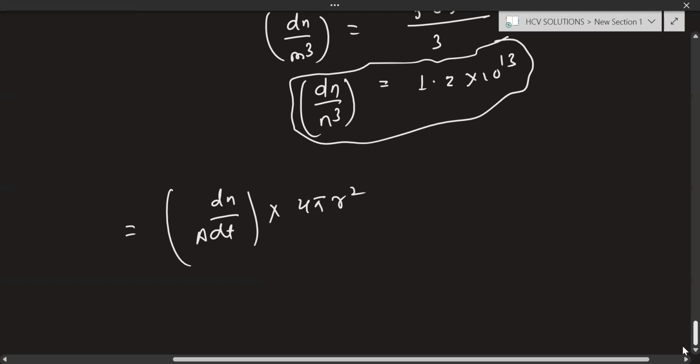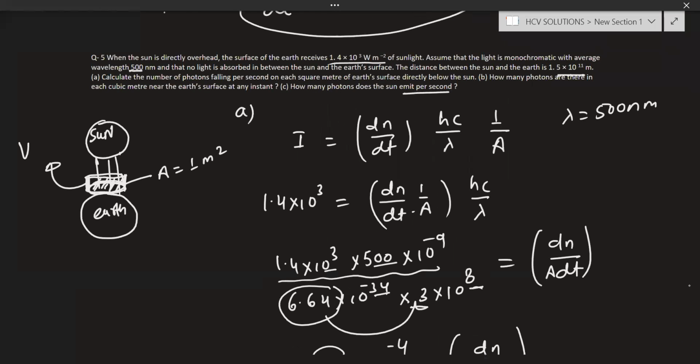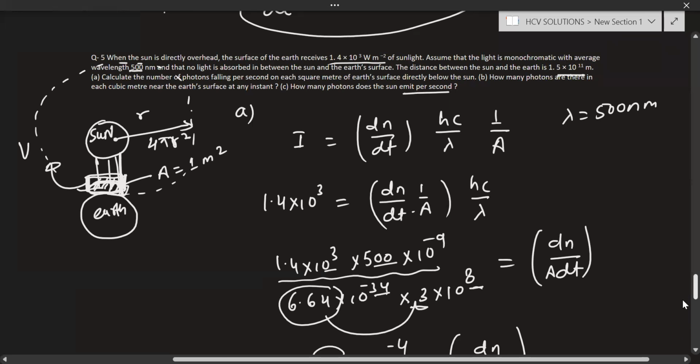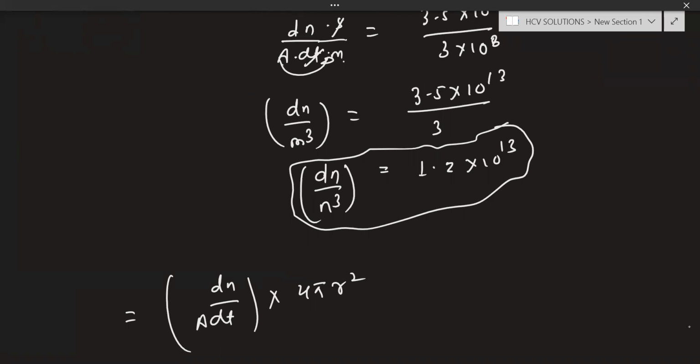If this is the distance between the sun and the Earth, in 3D a complete sphere is formed. Its radius is given in the question as 1.5 times 10 to the power 11, and the spherical area is 4 pi r squared. So we multiply the number of photons per unit time per unit area by this 4 pi r squared area.